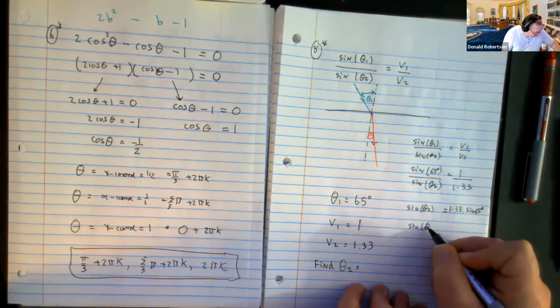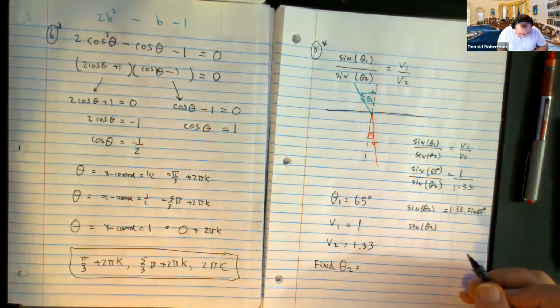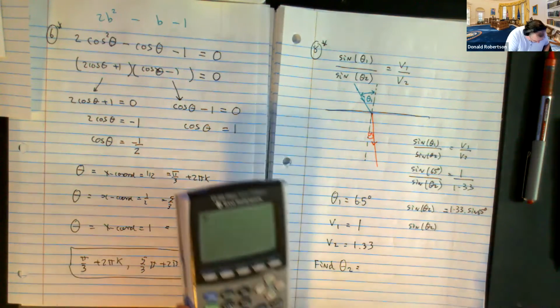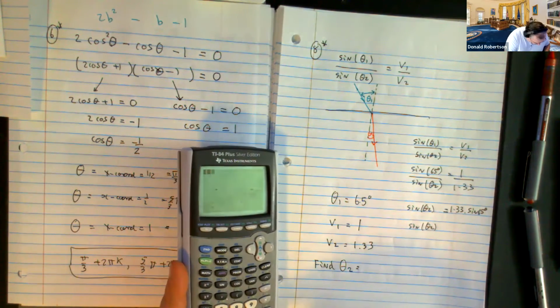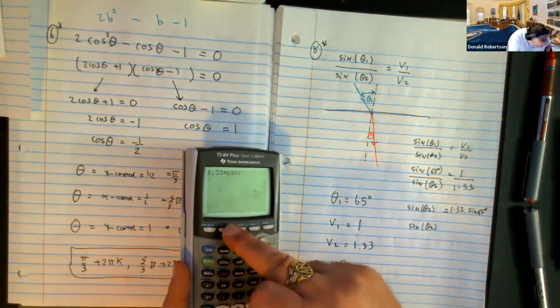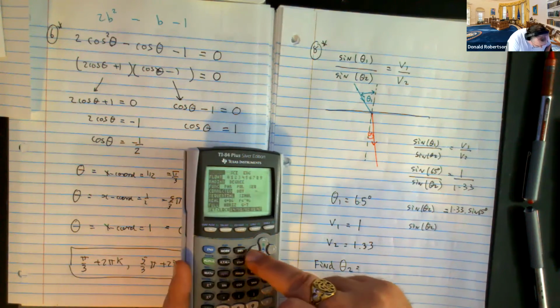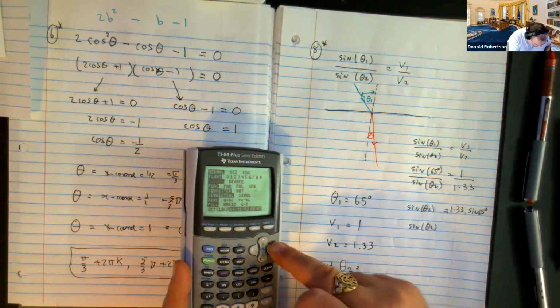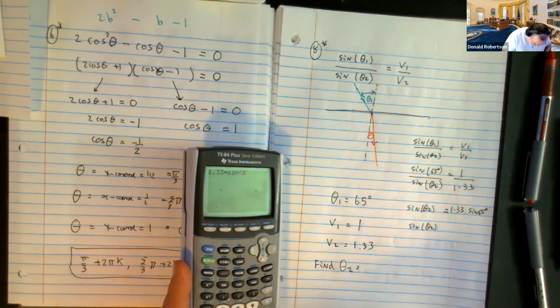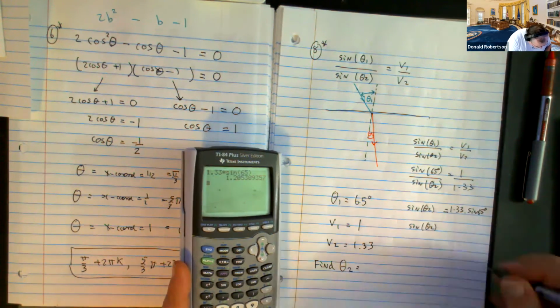Now in this particular situation, there's only one answer, so we have to be aware of that. So 1.33 times the sine of 65. Let me check something. Make sure you're in degrees. So 1.33 times 65 degrees, and I get, that doesn't make sense.